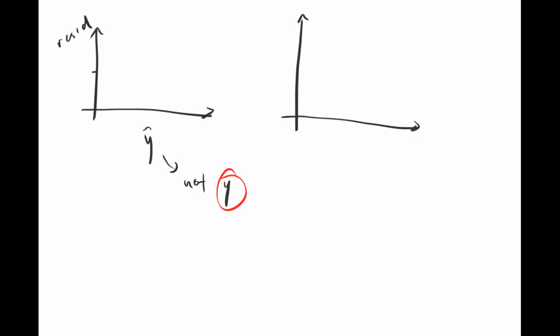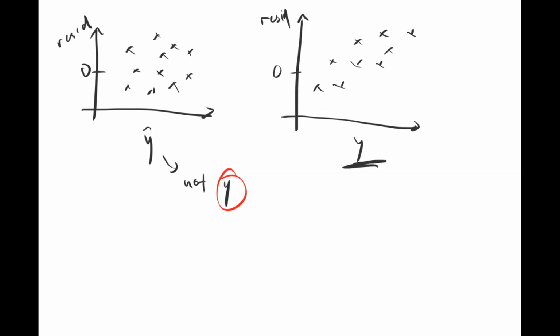Okay, so here, if you had something like this in a linear model where you have your residuals randomly scattered about, in a true linear model, you're almost always going to have some kind of clear pattern if you plot against y.